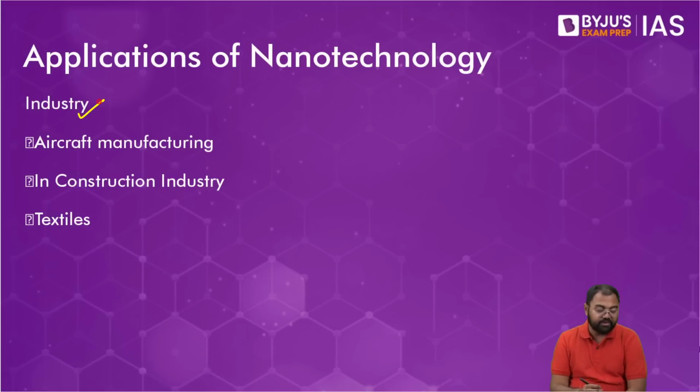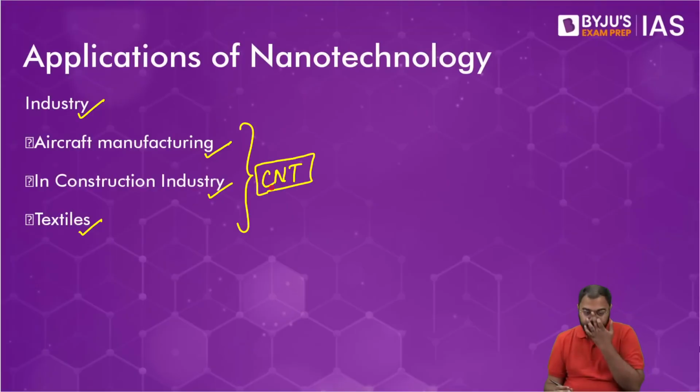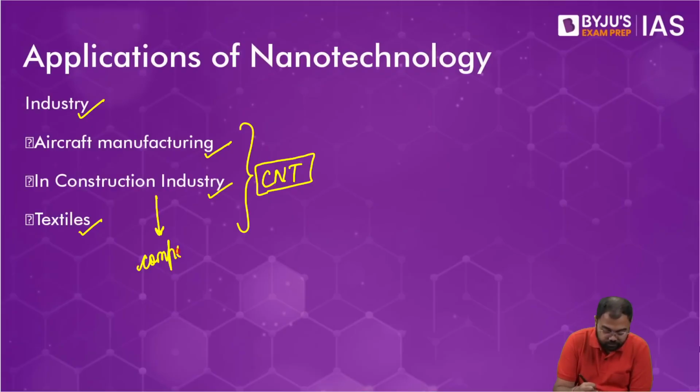Then in various industries, for example, in aircraft manufacturing, in construction industry, in textiles, all these again largely use carbon nanotubes. In all these, carbon nanotubes can become useful because in construction, we discussed making composite material. So they can be used in making these composite materials.